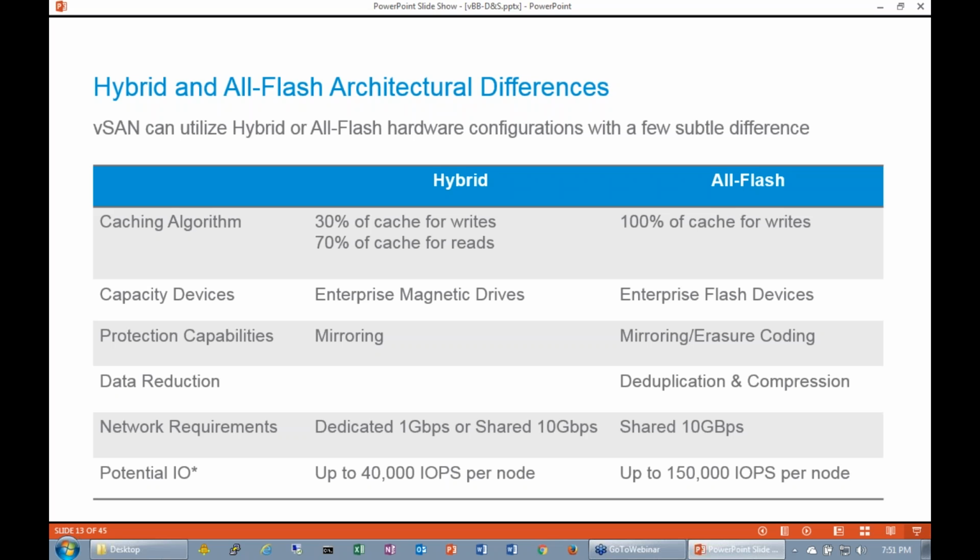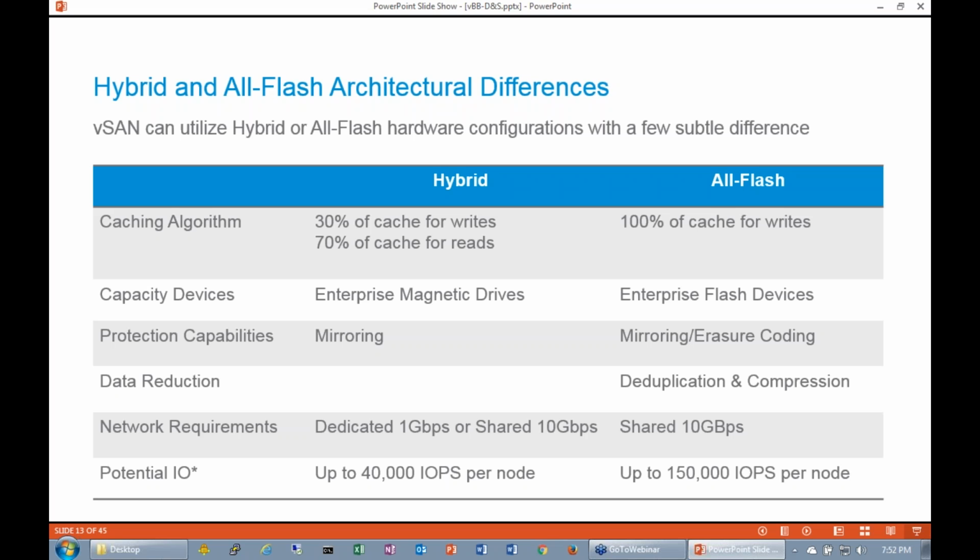If we're using erasure coding with failures to tolerate of 2, the ability to survive 2 failures, that's essentially RAID 6. And with RAID 6, we actually get about 100% more capacity compared to the same level of protection with mirroring, right?